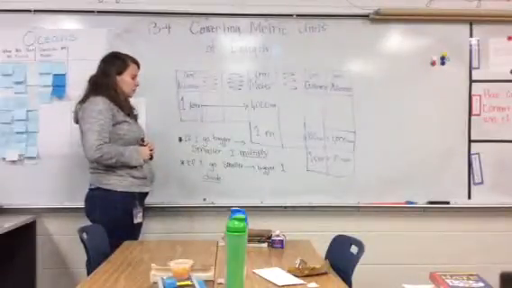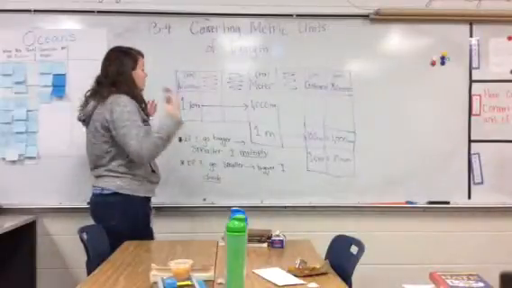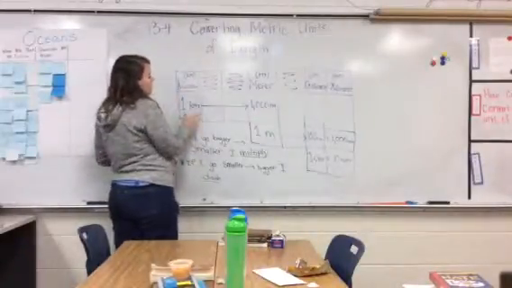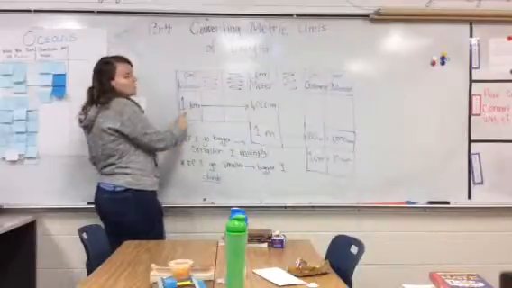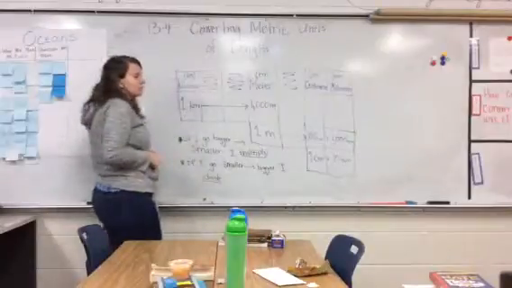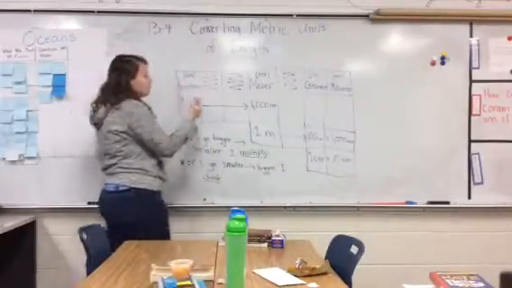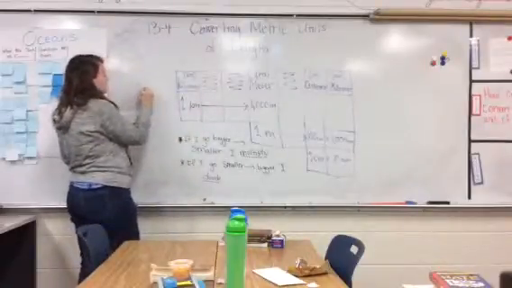So, now that you have that copied down, let's check this out. If I have 1 kilometer, I'm going to have to multiply it by 1,000 to get a meter. Let's talk about if I have 2 kilometers.